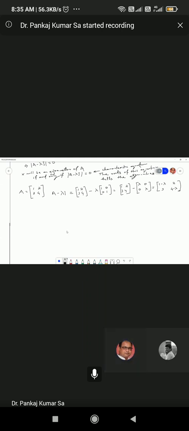And its determinant, if you find, you have 1 minus lambda times 4 minus lambda, right, minus 6.